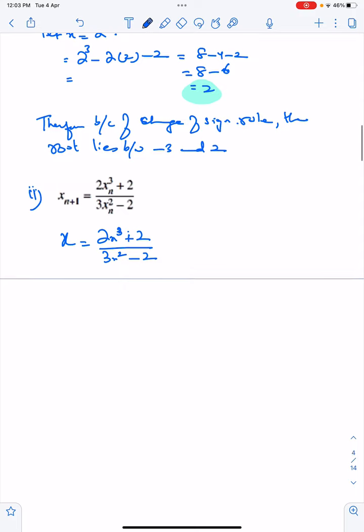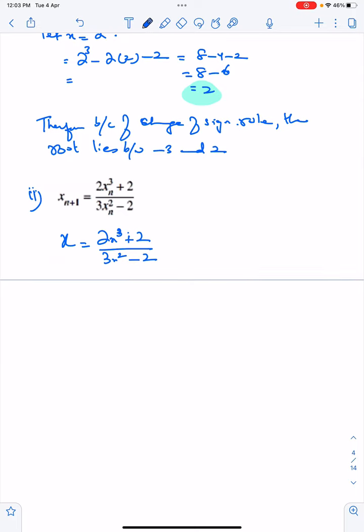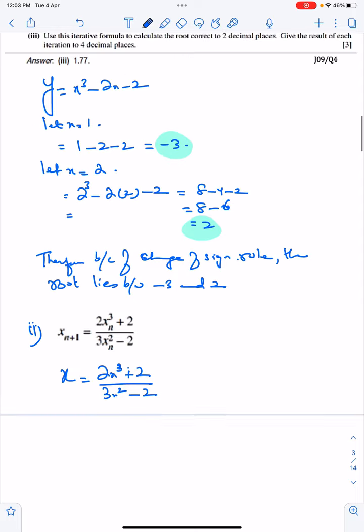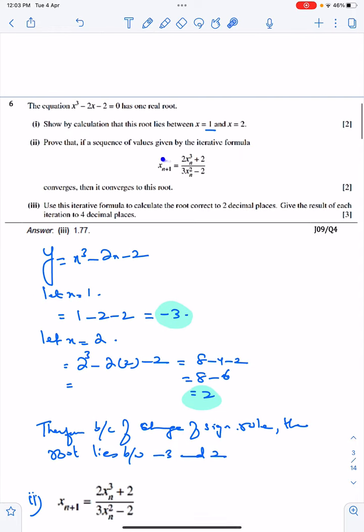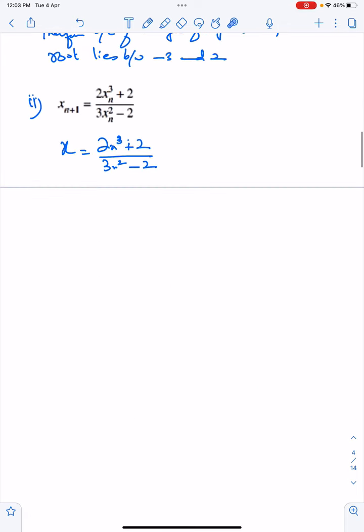Okay, after this, I'm going to rearrange so that I get the initial equation which they had given us. This is the iterative formula, and you rearrange it to get the original equation which they have given you. Okay, so I'm going to rearrange it.